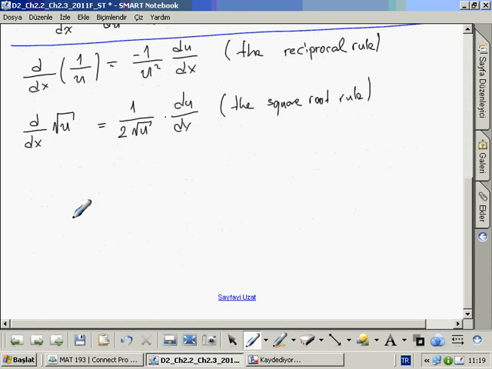Del over del x of u to the power of r equals r times u to the power of r minus 1 times del u over del x. This is the general power rule.